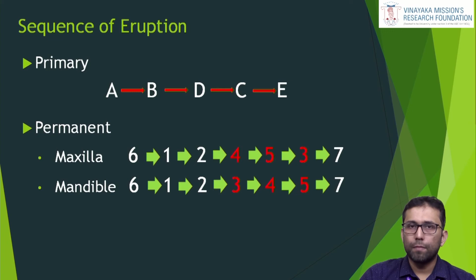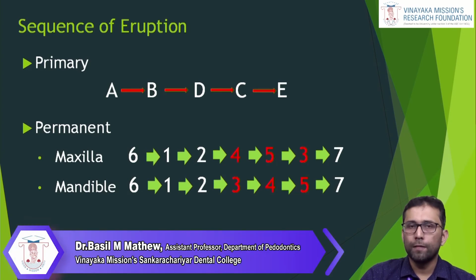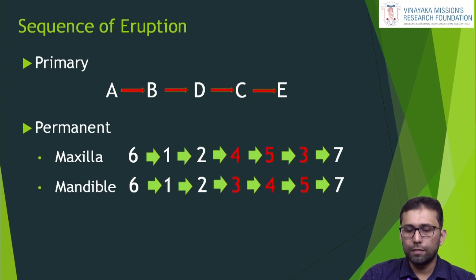Whereas in permanent teeth, the sequence of eruption is different in the maxilla and the mandible. In the maxilla, the first tooth to erupt in the oral cavity is the permanent first molar, that is the permanent first maxillary molar. Then come the central incisor and lateral incisor. Now there starts a difference.